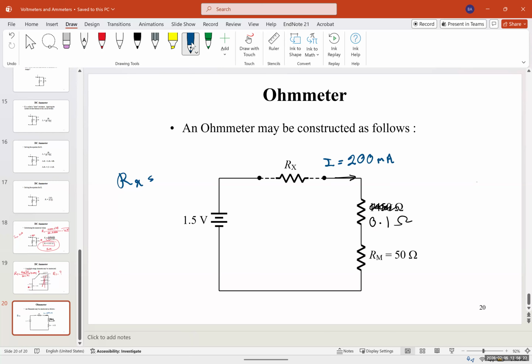What is Rx? So we measured the current as 200 milliamps.